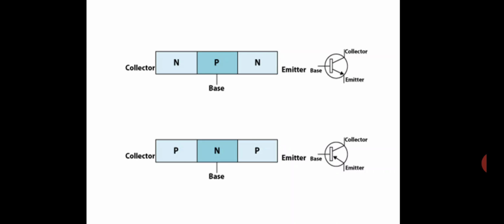The reason the emitter is heavily doped is to increase the emitter injection efficiency: the ratio of carriers injected by the emitter to those injected by the base. For high current gain, most of the carriers injected into the emitter base junction must come from the emitter.